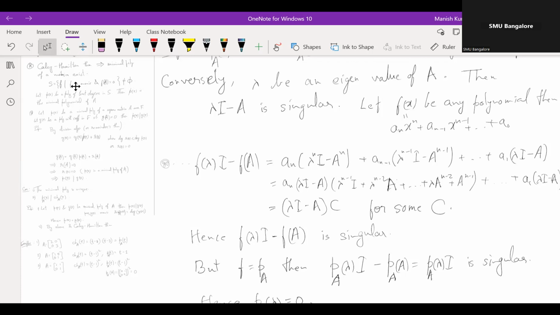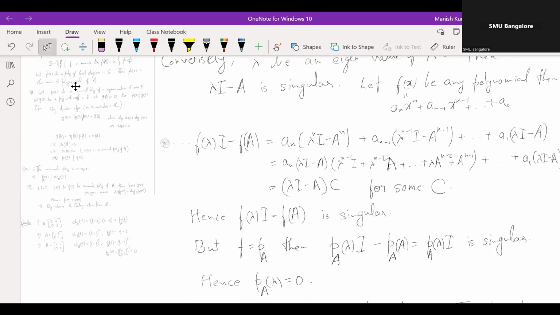Even if C is non-singular, the determinant of AB is the same as the determinant of A times the determinant of B. So this is singular, which tells us that what we have shown is that basically f(lambda) is an eigenvalue of f(A). But anyway, that is immaterial. So this is singular. So in particular, we can put f to be P_A, the minimal polynomial.